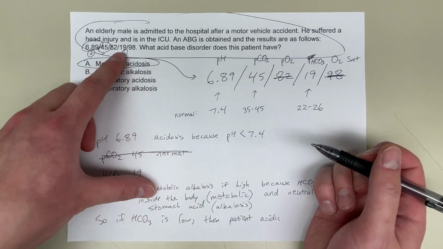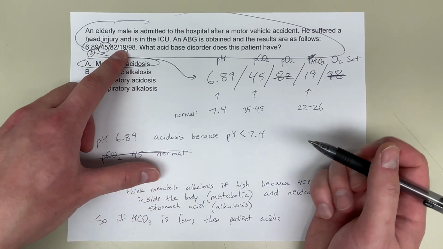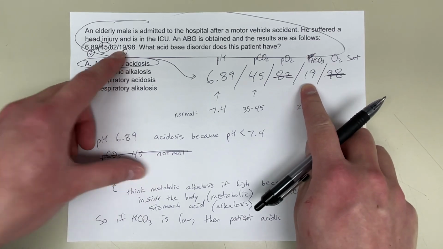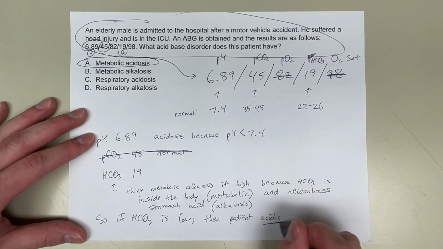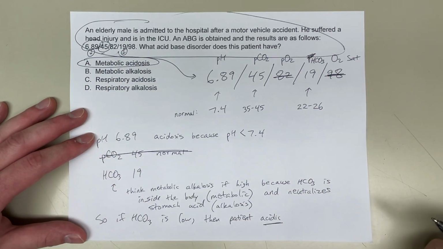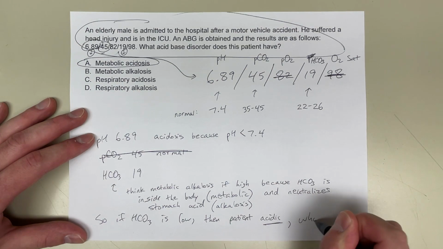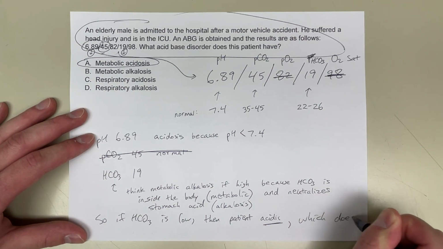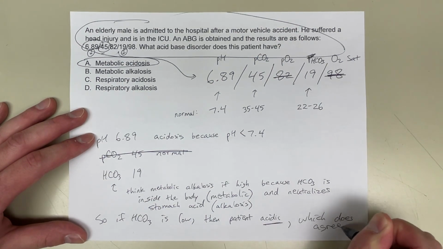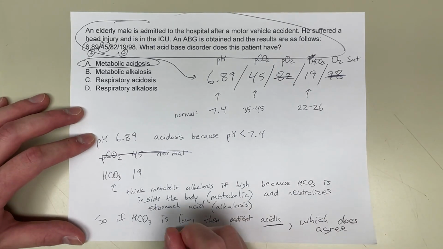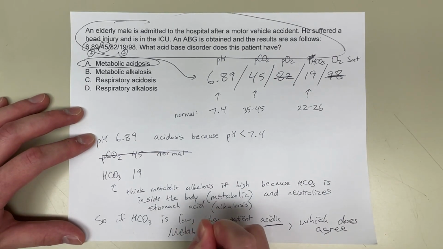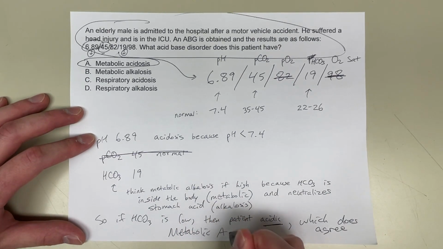But in our patient, the sodium bicarb is low. So that's why the patient should be acidic rather than alkalotic. So this does agree. Therefore, the patient has metabolic acidosis.